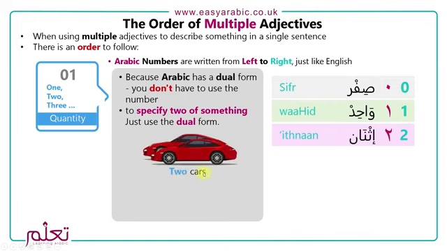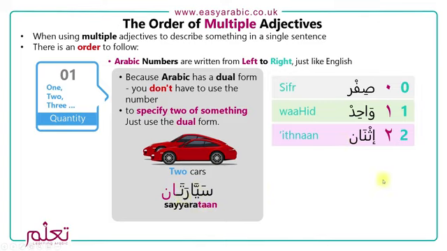So when we said 2 cars, the rule was that we add alif nun to the end of the word to indicate that it's 2. So we will say sayyaratan. Okay, so number 2 is never really used when we specify 2 things. Instead we use the rule.